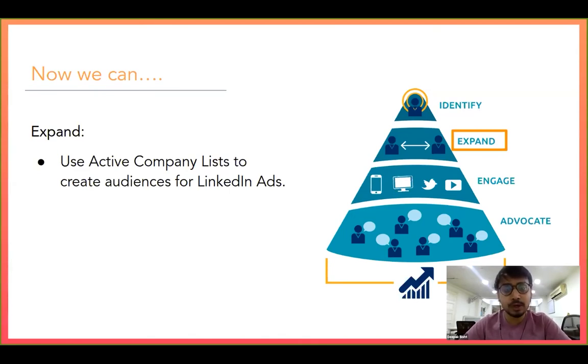So what you can do is create a company list, a dynamic company list, which was earlier not a feature, and because of which we used to have spreadsheets of target accounts, and then misalignments and all of that. But now because you can create company lists, you can create a smart list based on whether it's a target account, which ICP tier they are, and all of that, and then plug that into your LinkedIn ads from right within HubSpot.